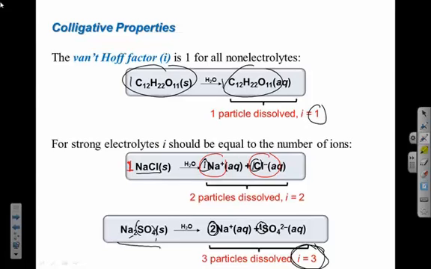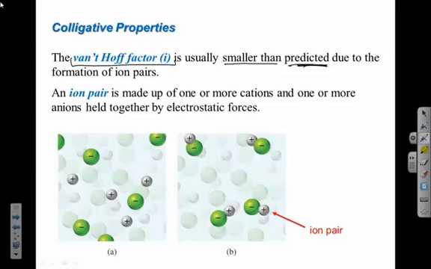But that isn't really what actually happens, because in solution, if I dissolve a lot of this and I've got these ions floating around, a few of the charged ions will actually stick together because they attract. Right? So this positive and negative, if they come back together, they're not coming back together in a large enough quantity to actually see a solid forming. It's just a couple of the ions here and there stick together as pairs. So we get some ion pairs.